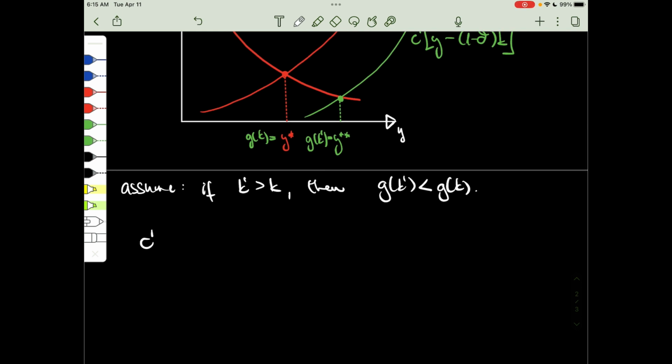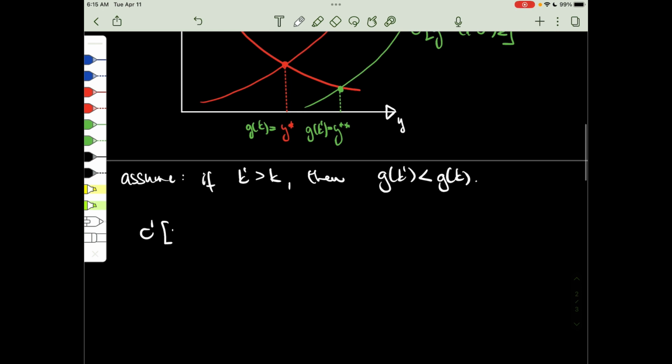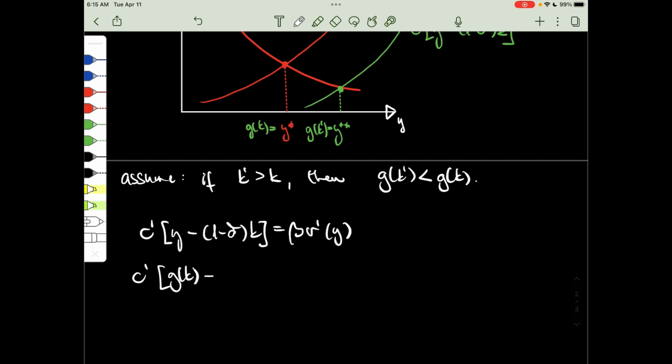Let's use the first order condition. Initially, with k, we have this equality, which we can rewrite by using the policy function, actually the same at different k's.